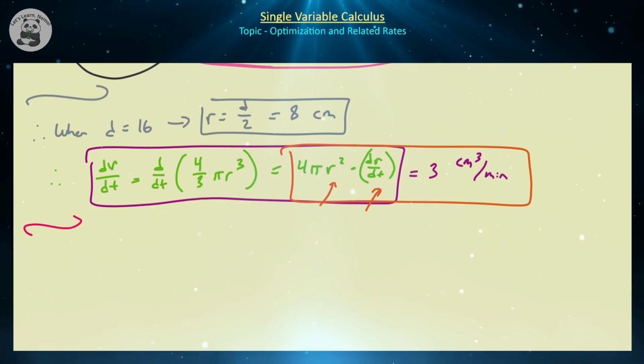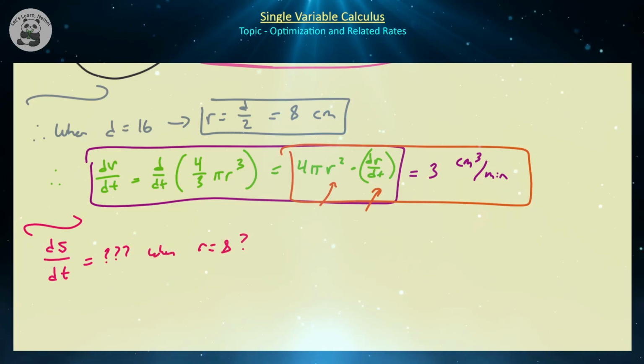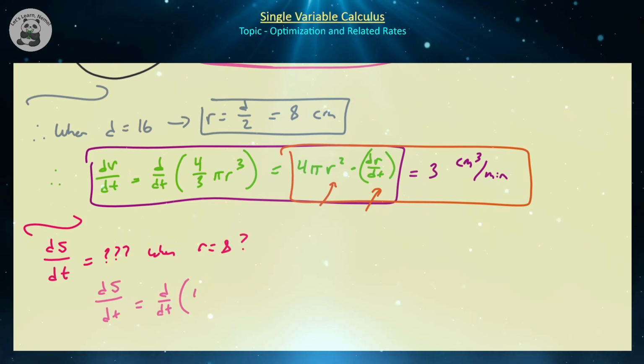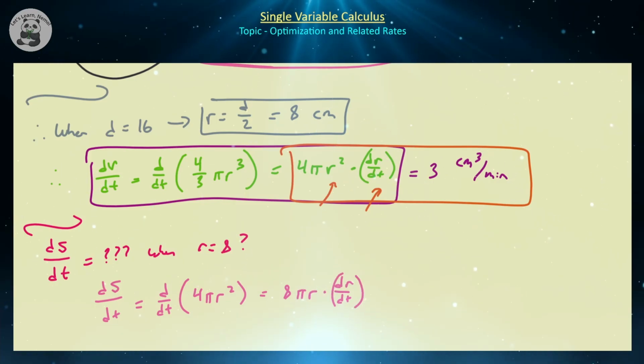Again, let's recap what we're looking for. We want how fast the surface area is changing when the radius is equal to 8. So we should take the derivative of our surface area relation with respect to time, which is the derivative with respect to time of 4 pi r squared, and that is going to be equal to 8 pi r times dr/dt.